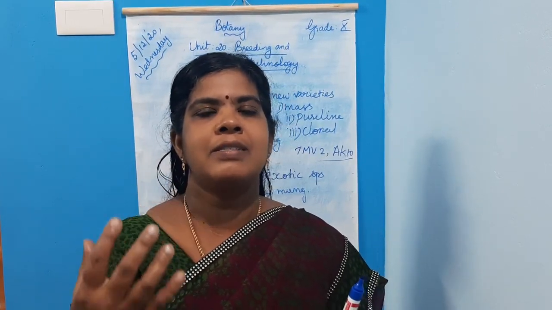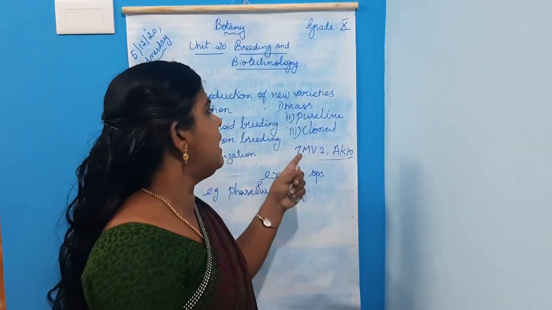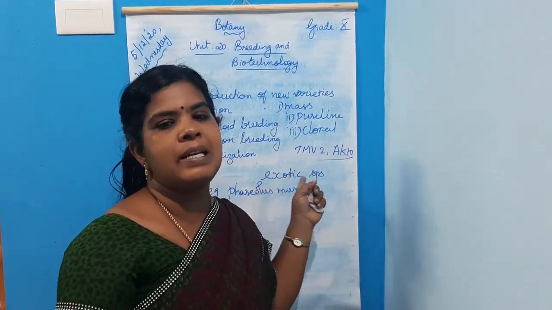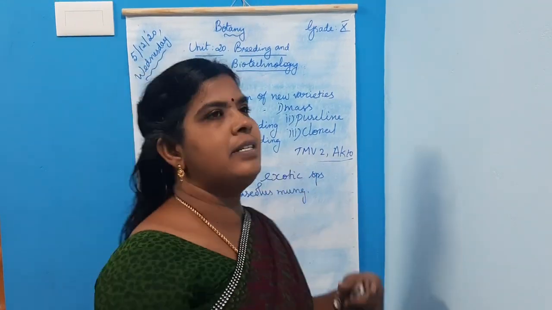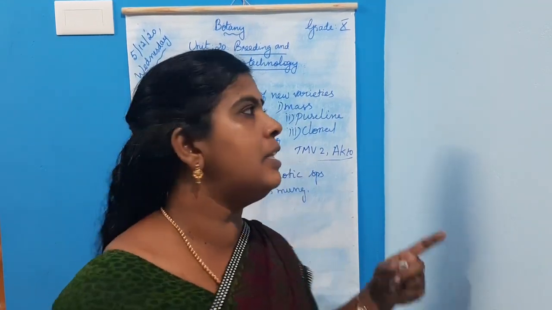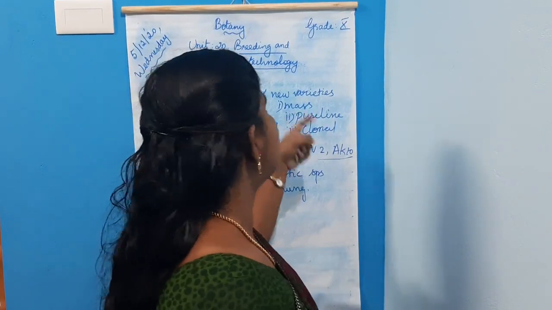Then these seeds are distributed to the farmers for cultivation. What are the groundnut varieties obtained through mass selection?